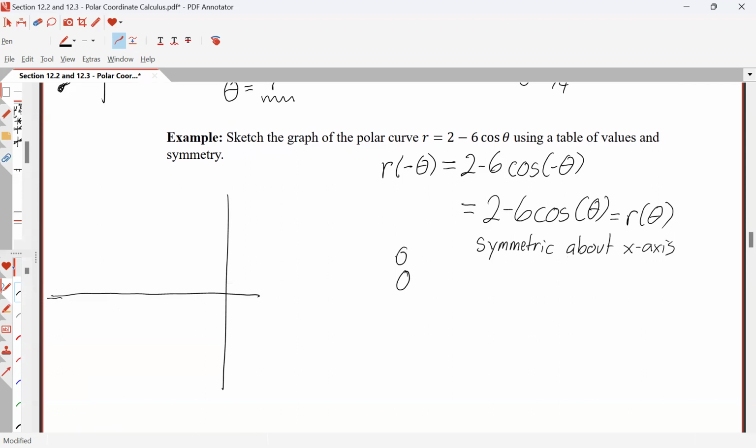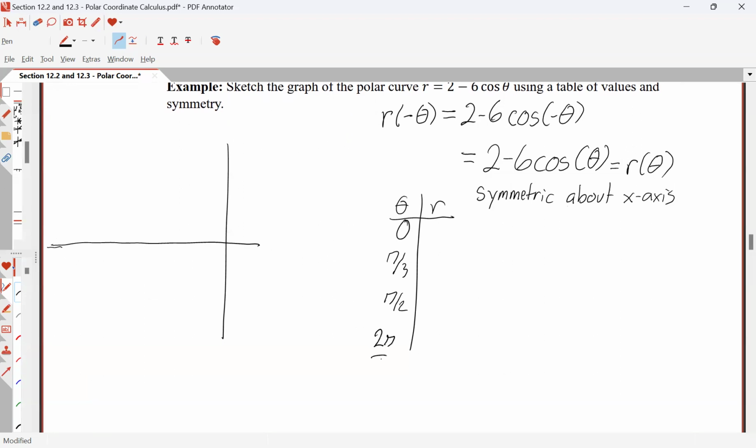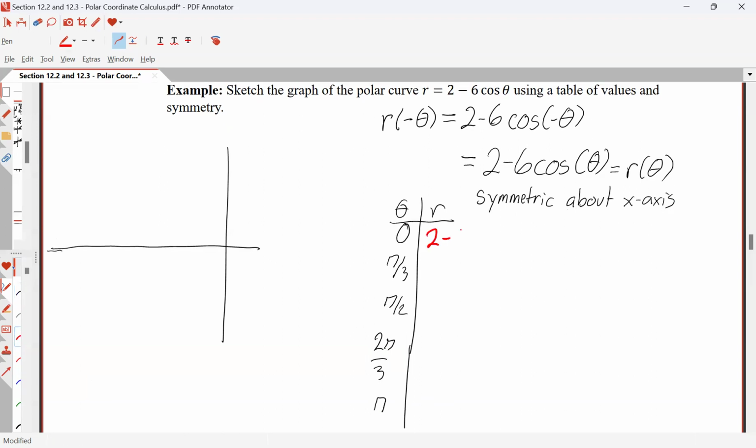So we're going to get some thetas and some r values. Going to pick theta is 0, pi over 3, pi over 2, 2 pi over 3, and pi. Plugging in 0, we'll get 2 minus 6 cosine of 0, or 2 minus 6, which is negative 4.